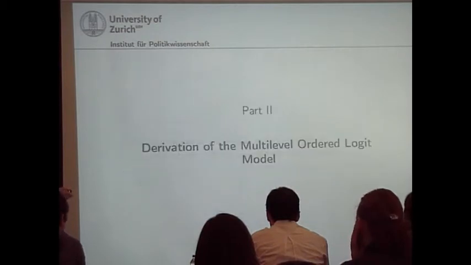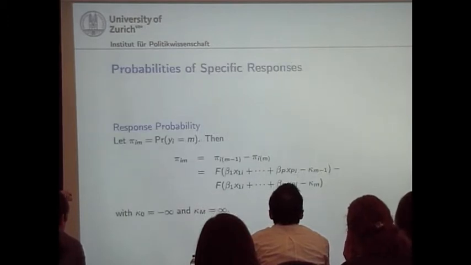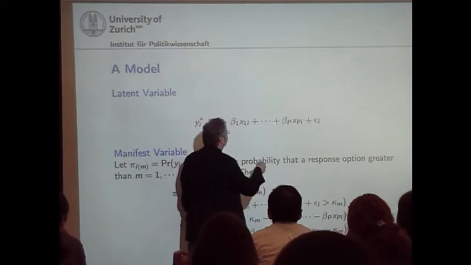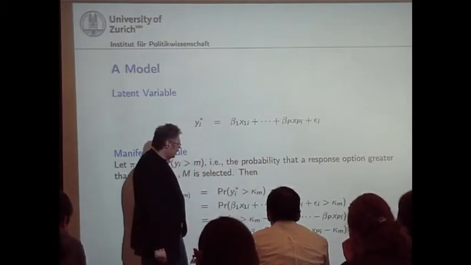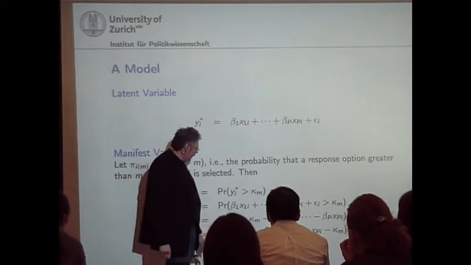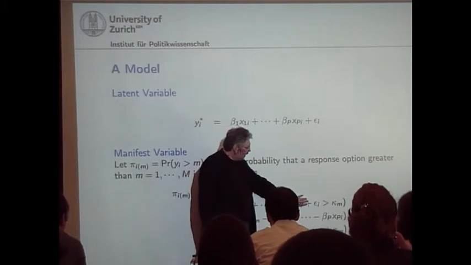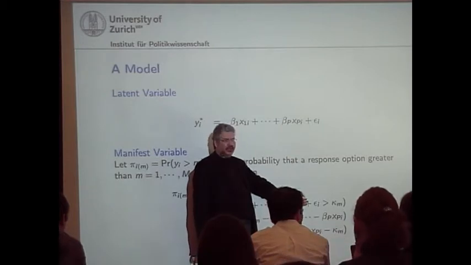Now, if we go back to this model here, and we were to strip away all of the predictors in this model, basically, if everything said and done, we have just the probability of scoring greater than m is epsilon being greater than kappa m.